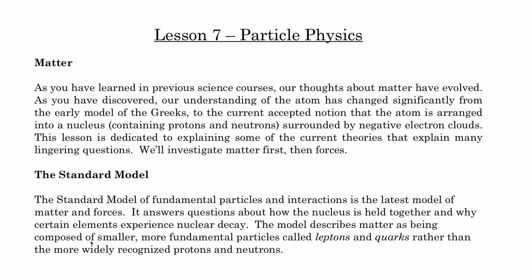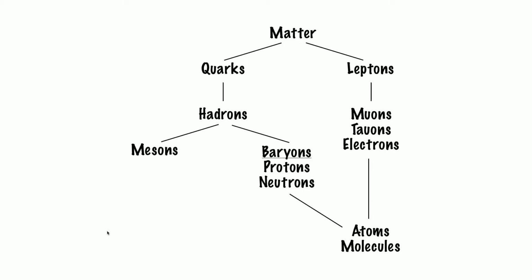So let's take a look at what it looks like, because here we have matter, and it's arranged into two major subcategories: quarks and leptons. When we combine different quarks together, we get different hadrons. Hadrons are arranged into two different groups: the mesons and the baryons.